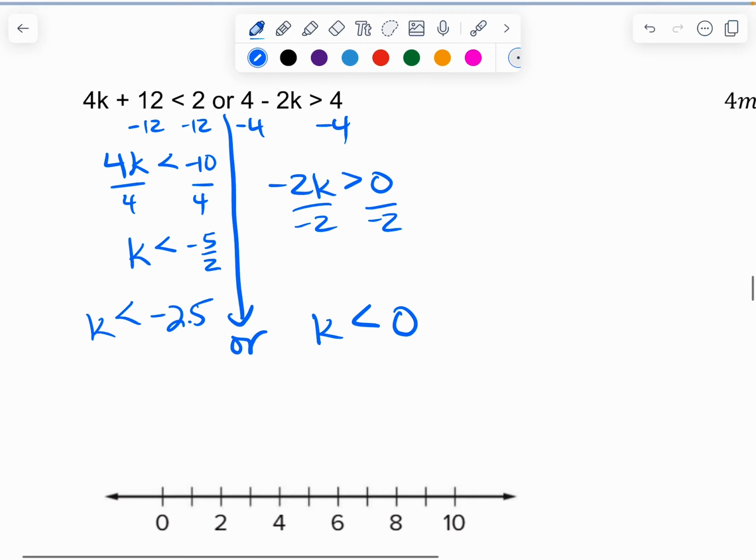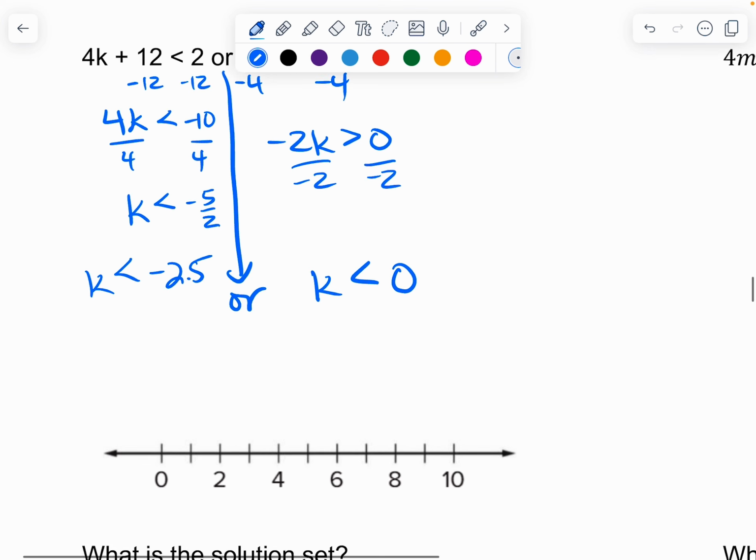Okay, this is an or statement, right, guys? So I come here to negative 1, negative 2, negative 3. So negative 2.5 is going to be here. Okay, 0 is going to be here.